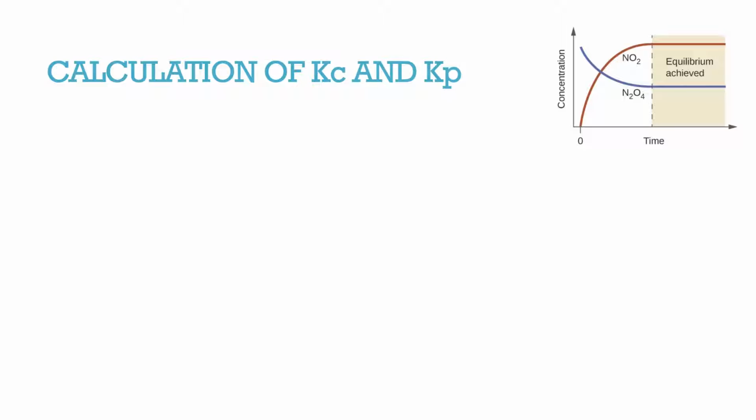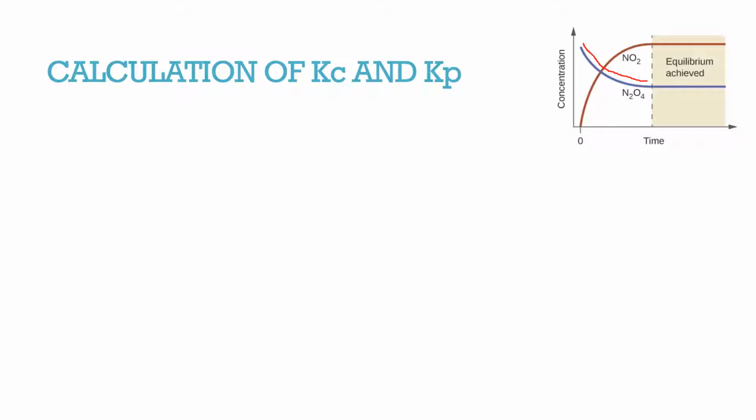As you can see here, the blue line of the graph represents the reactant being consumed. By time, if you look here, it will reduce, it goes down. It will be consumed until at one point, equilibrium will be achieved. At this time, the rate of the forward reaction will be equal to the rate of the reverse reaction.